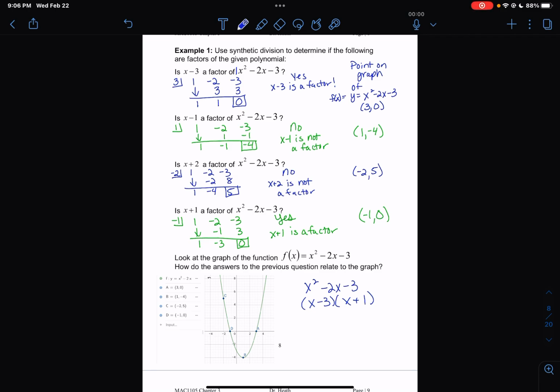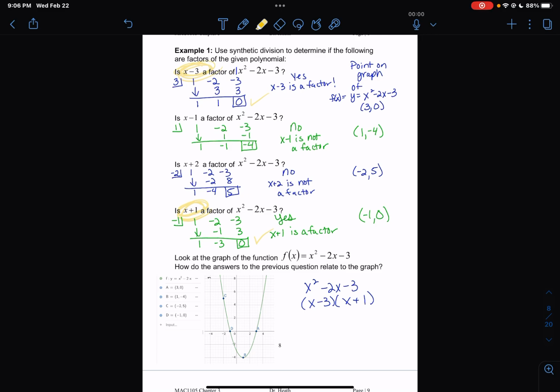Since it is a second degree polynomial, there can only be 2 factors. And we did find 2 of those factors. We found that x minus 3 was a factor and x plus 1 was a factor. And in both of those cases, the remainder was 0.